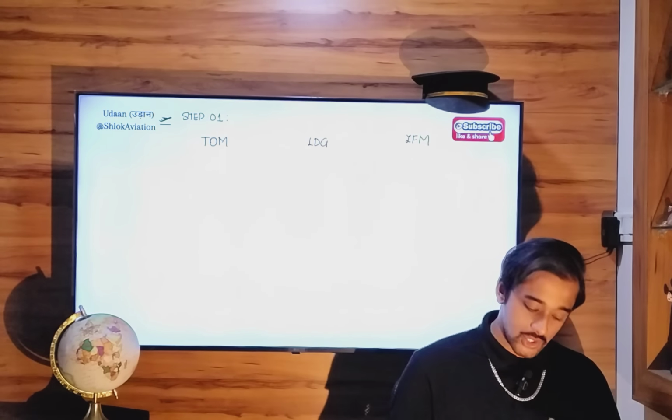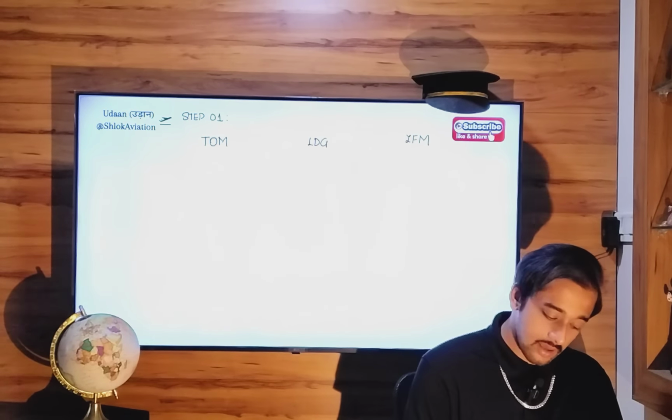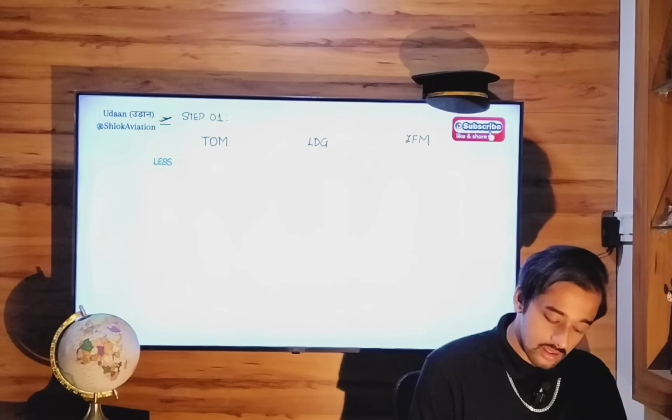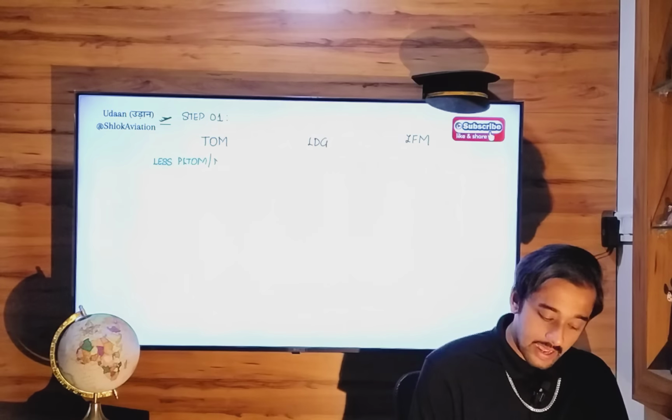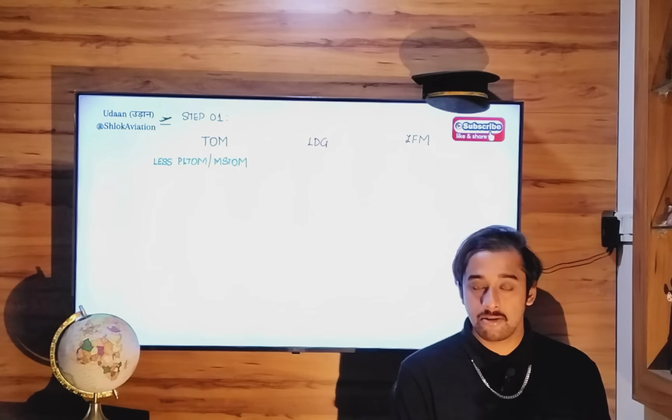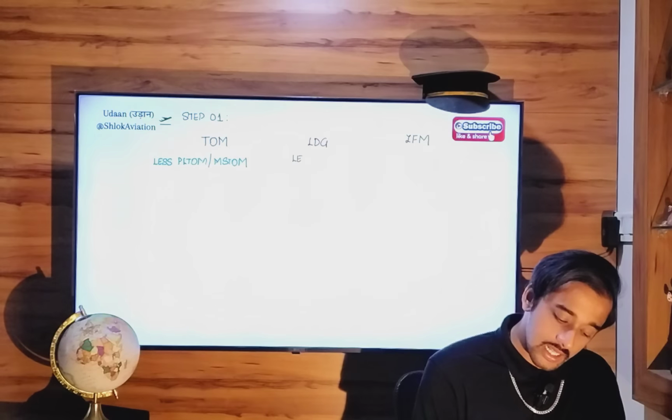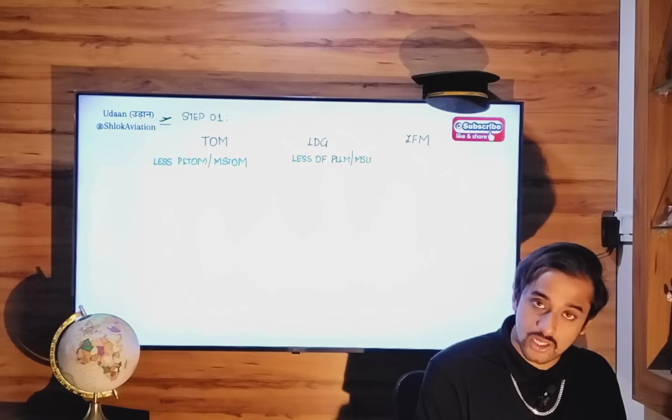In the takeoff mass column, you are going to use the value which is less in number between performance limited takeoff mass and maximum structural takeoff mass. In the landing mass column, you are going to use the value which is less of performance limited landing mass and maximum structural landing mass.